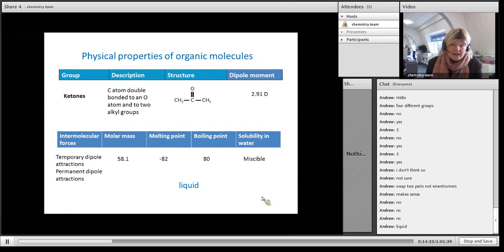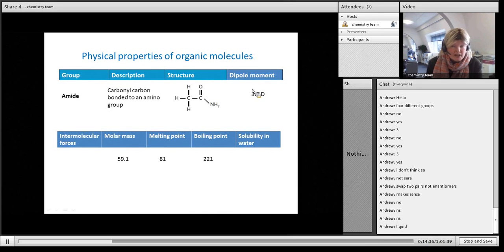Ketones, the same sort of thing, slightly bigger dipole, and you know that acetone dissolves in water, but again, the longer the chain, the less likely it will dissolve, but this is a liquid. Amide. Now, an amide has an enormous dipole compared to the others. The others were all 1 or 2 something. This is 3 something, nearly 4. It's an enormous one. The reason is, and you would have done it at university, but it's not needed at level 3, the nitrogen doesn't hold on to its electrons as tightly as oxygen, so it can donate them, because oxygen on the other end is pulling the electrons away.